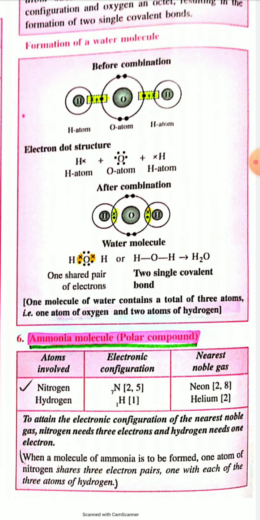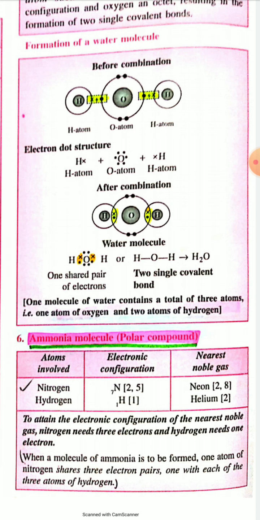Oxygen has a total of 6 electrons in the valence shell, so it is shown by dots around the nucleus of the oxygen atom. Each hydrogen atom has 1 electron in its only shell, and the electron of hydrogen is shown by a cross, and the electron of oxygen is shown by a dot.